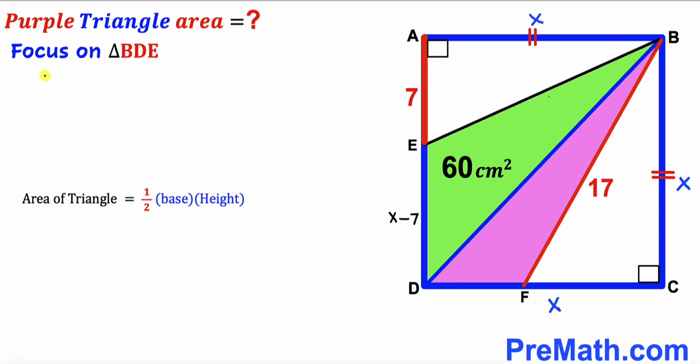So we can write 60 equals a half times x times x minus 7.